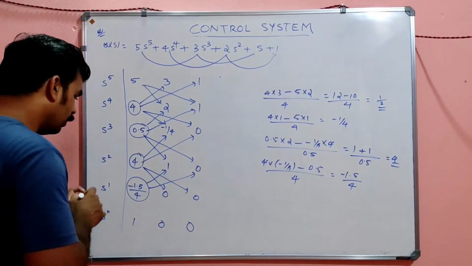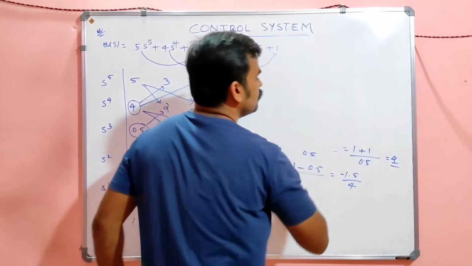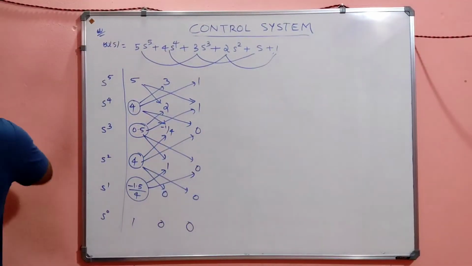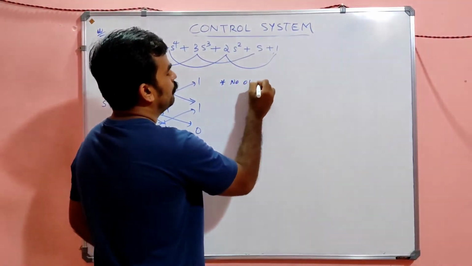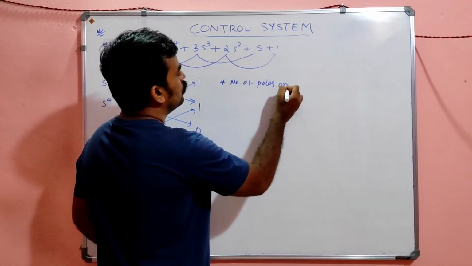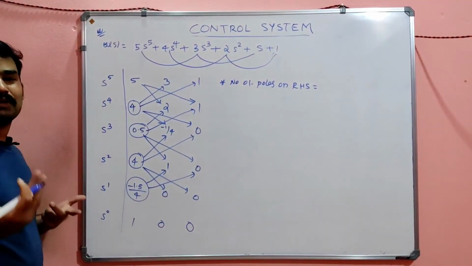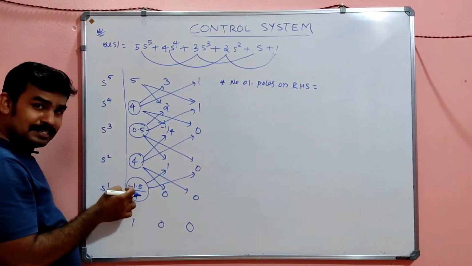Now, what is the conclusion from this Routh table? We can put the number of poles on RHS will be equal to what, my dear? Number of sign changes in the first column.